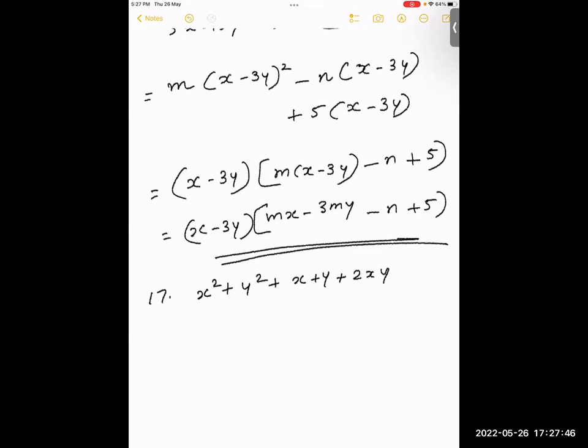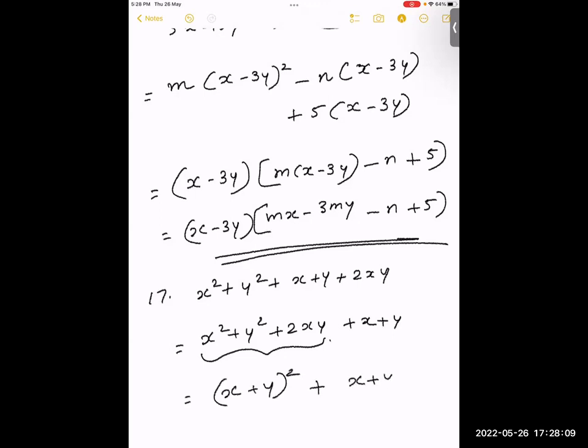You do a little bit of rearrangement, then you will get something. x square plus y square plus 2xy plus x plus y. Are you familiar with this? What is that? x plus y the whole square. Done, right? x plus y the whole square plus x plus y.